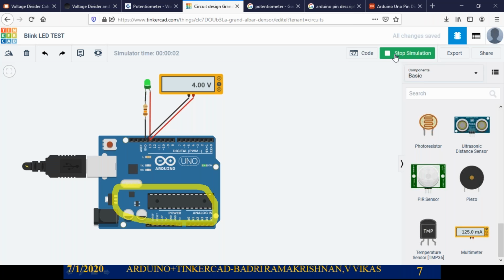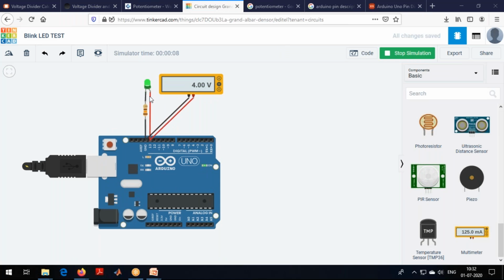Starting. Now the question is, I want to make this one on and off every 1 second. So what do I have to do if I want to make it on and off every 1 second?